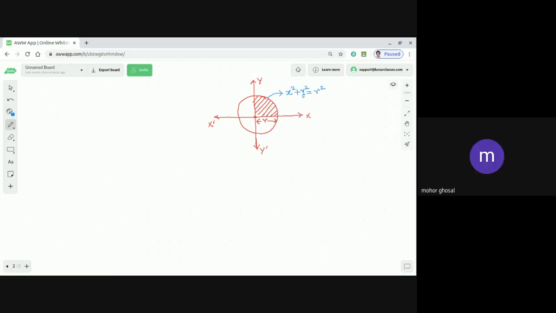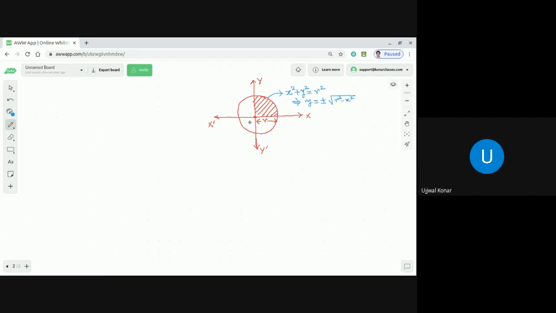You take any point on that circle and take its x coordinate square plus y coordinate square, you will always get r square. So from here we can express y in terms of x: y equal to plus minus square root of r square minus x square.